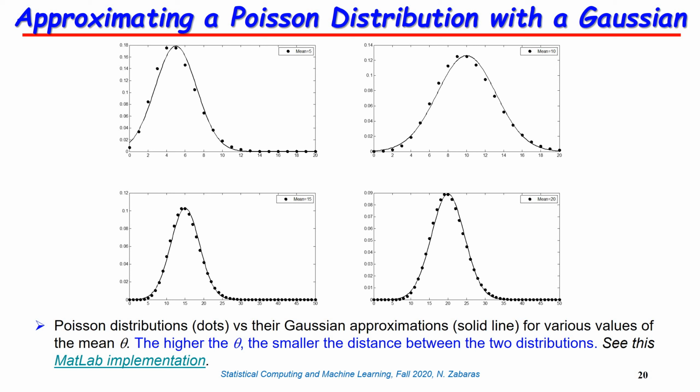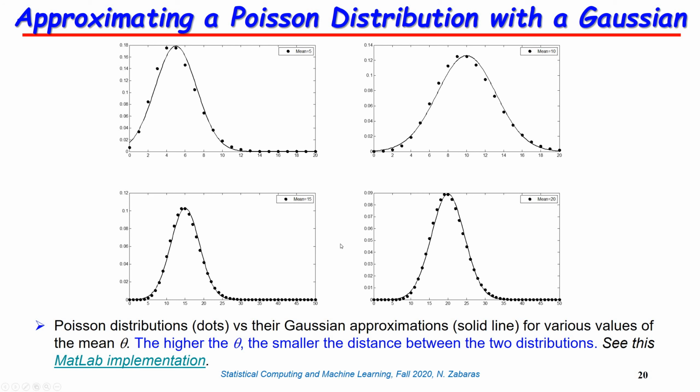Actually, since we talk about approximating one distribution with another, I wanted to throw in a new idea and definition that is going to be very handy later in the course, and that definition has to do with a measure of how close one distribution is to another distribution.